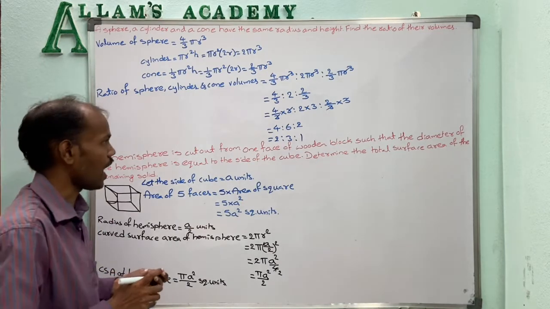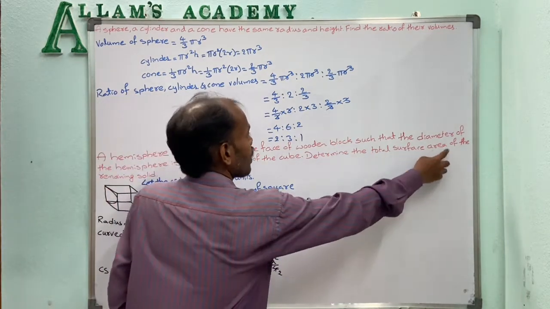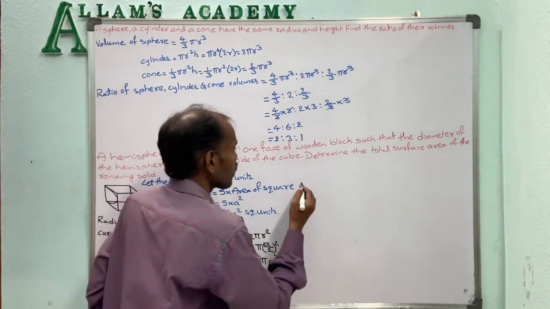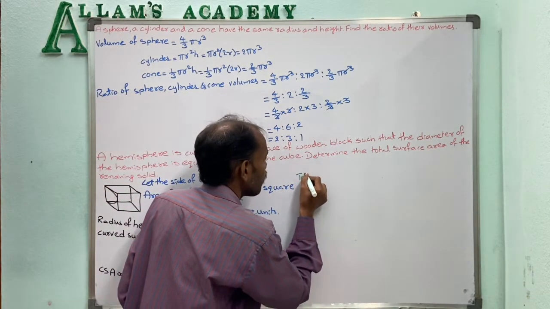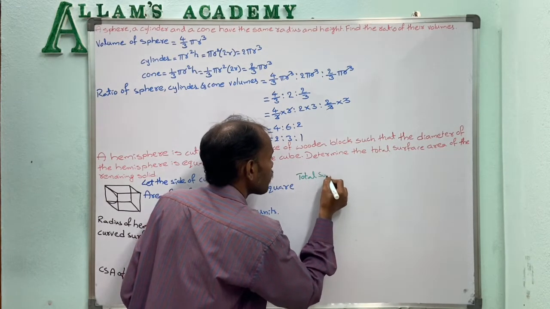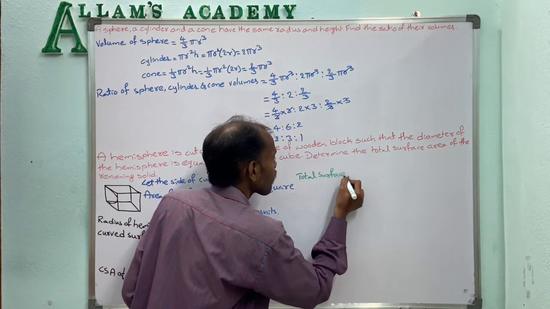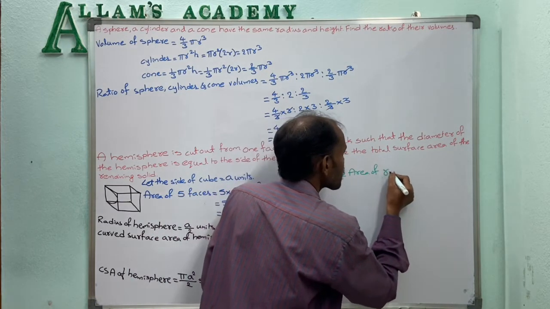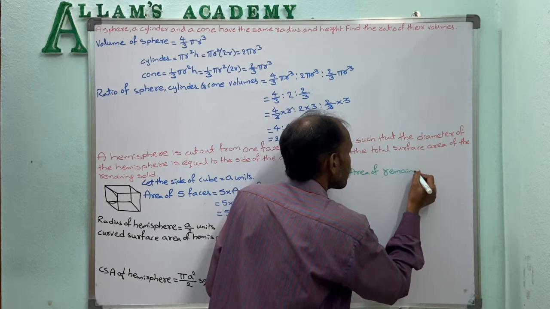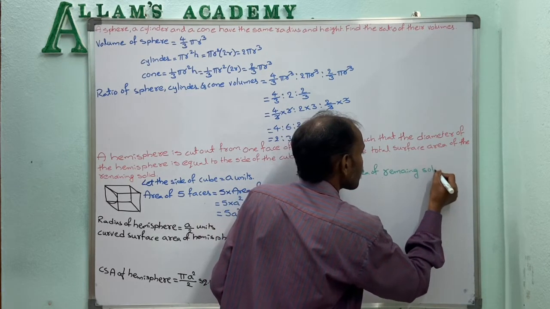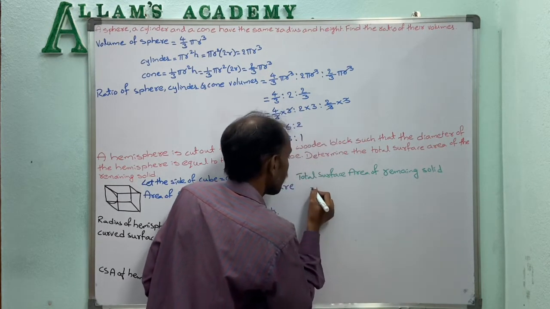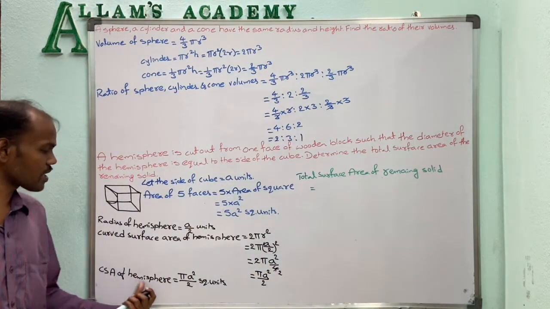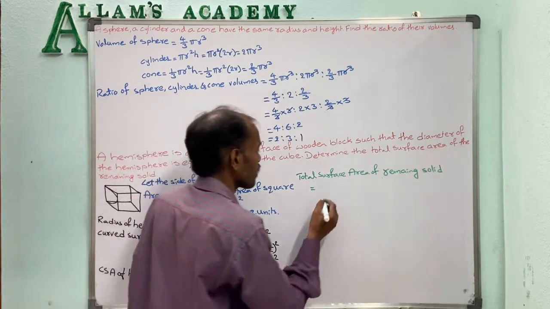Now we are asked for the total surface area of the remaining solid. So total surface area of the remaining solid is equal to the sum of the area of 5 faces and curved surface area of hemisphere.